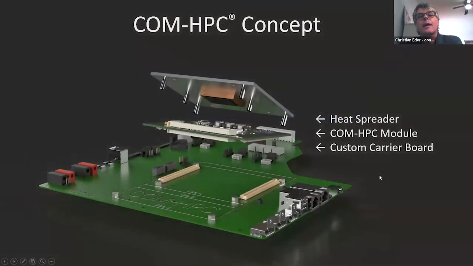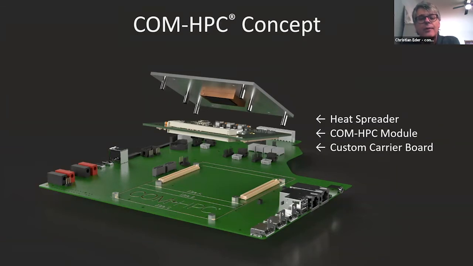So before I go to the overview of COM-HPC in particular, I'd like to explain for those who are not that familiar the computer module concept at all. So you see it here, the COM-HPC module itself is the board which is in the center of this sandwich, more or less. The top side is the heat spreader where all the heat is going to be transmitted to the system cooling. And the bottom board, the large board you see, is the carrier board.